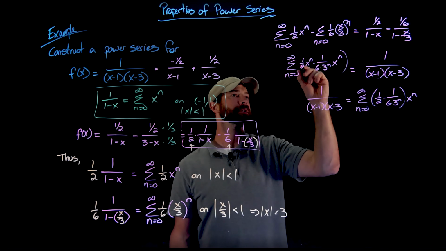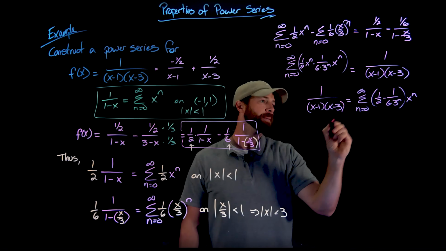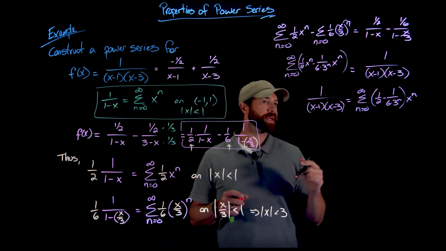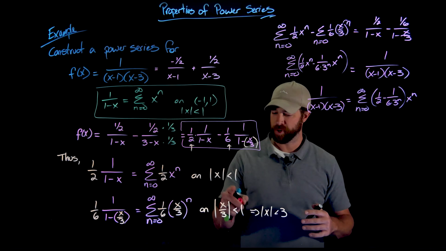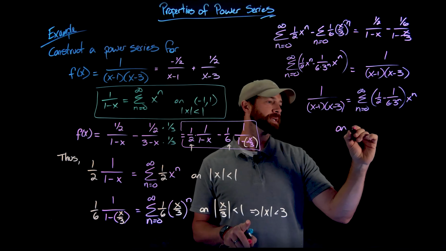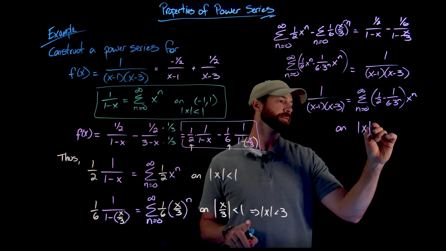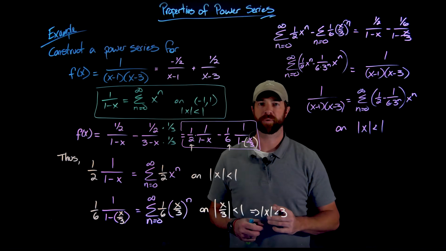And I should probably put parentheses around here just to keep things accurate. Last to say, this converges to this, but what's our interval? We spoke about this a second ago. It's represented by this power series on the interval from -1 to 1, or when the absolute value of x is less than 1.